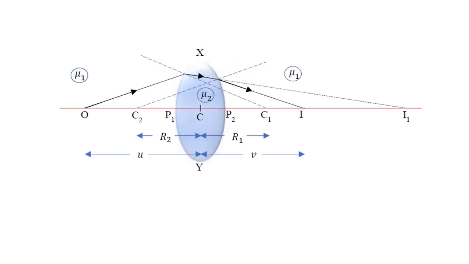Here, all the distances are measured from C. If we measure CO, the distance of O, it is measured from right to left, so it will be taken as negative. If I measure the distance of I, it will be CI. It is measured along the incident ray, so it will be taken as positive. It means the left side is taken as negative and the right side is taken as positive.